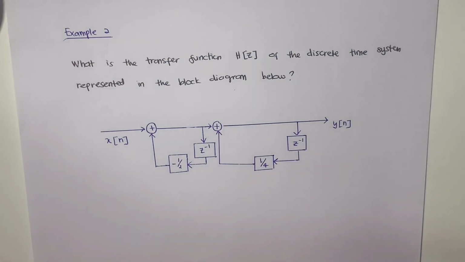Okay, now we go to the example 2. The question asks you to find the transfer function hz of the discrete time system represented in the block diagram below. So you need to find what is the transfer function.